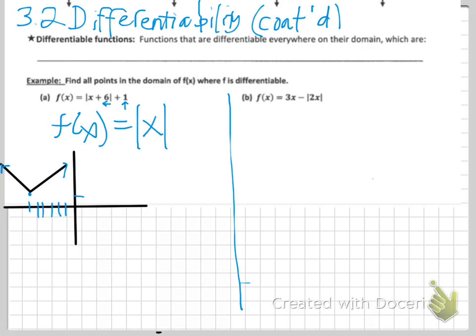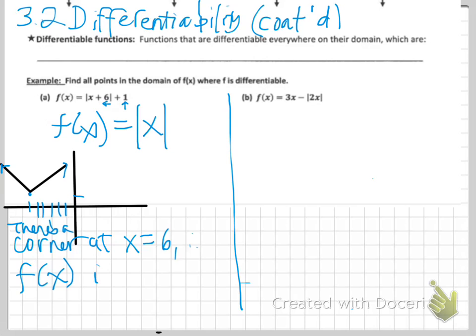So where is it non-differentiable? Well, we have a corner, right? There's a corner at x equals 6, right? Therefore, f of x is not differentiable at x equals 6.